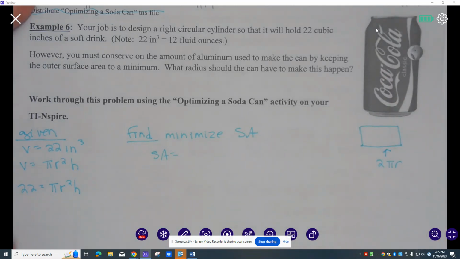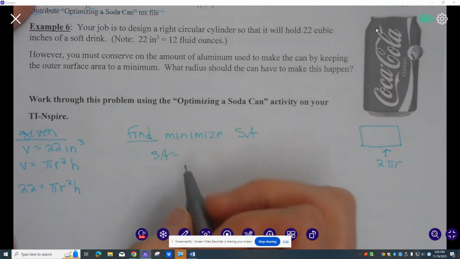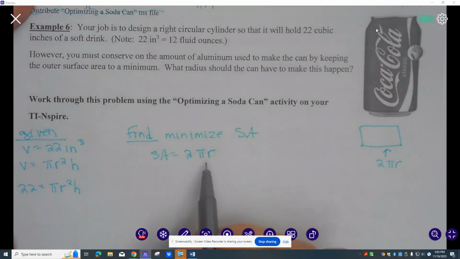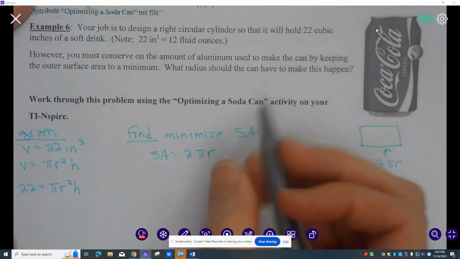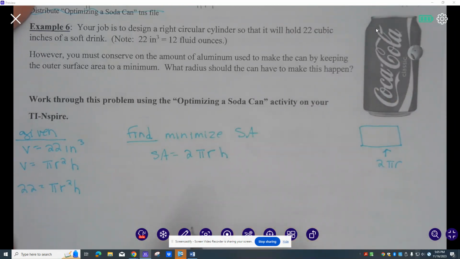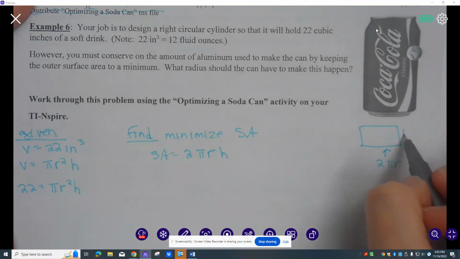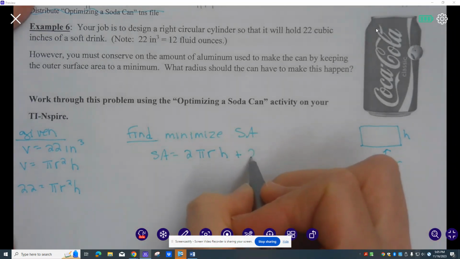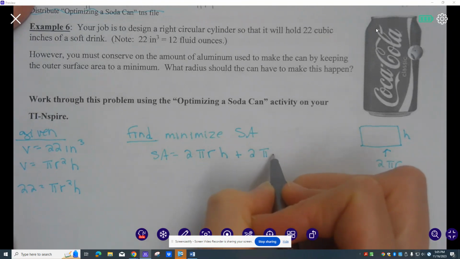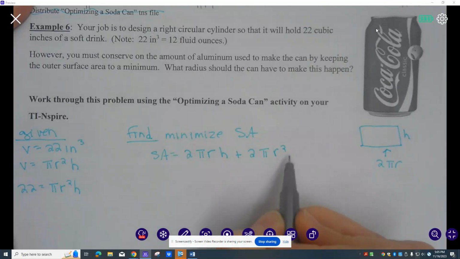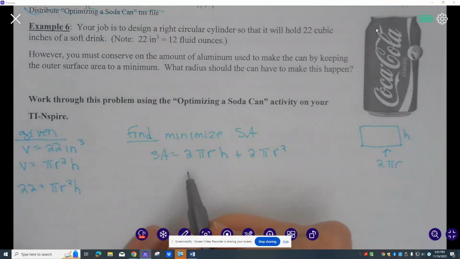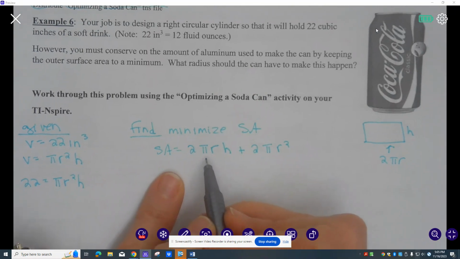So surface area of a cylinder is 2 pi r, so that's the circumference, times h. So that is the area of the sides, and then plus two circles. Area of the circle is pi r squared. So this is the area of the circles on the top and the bottom, and this is the area of the sides. So this is what I want to find the minimum of.